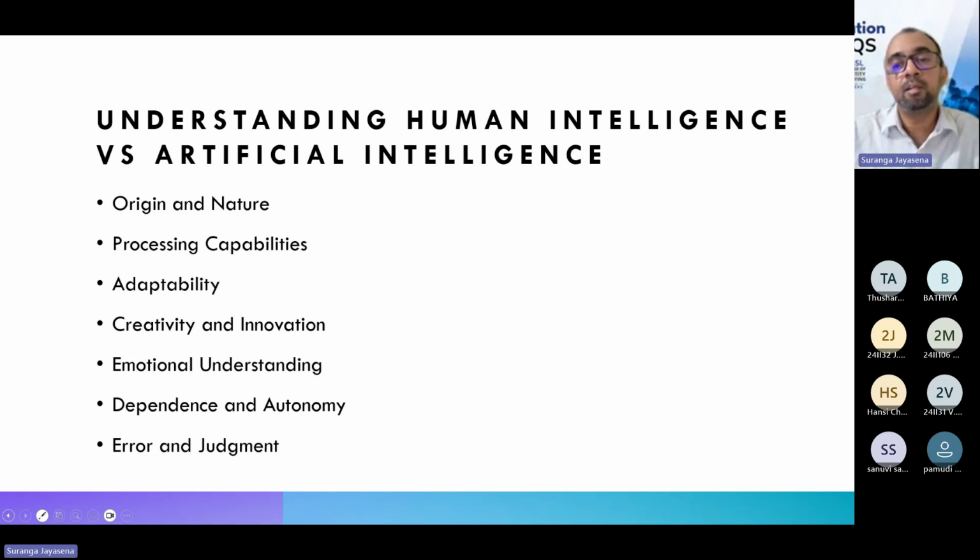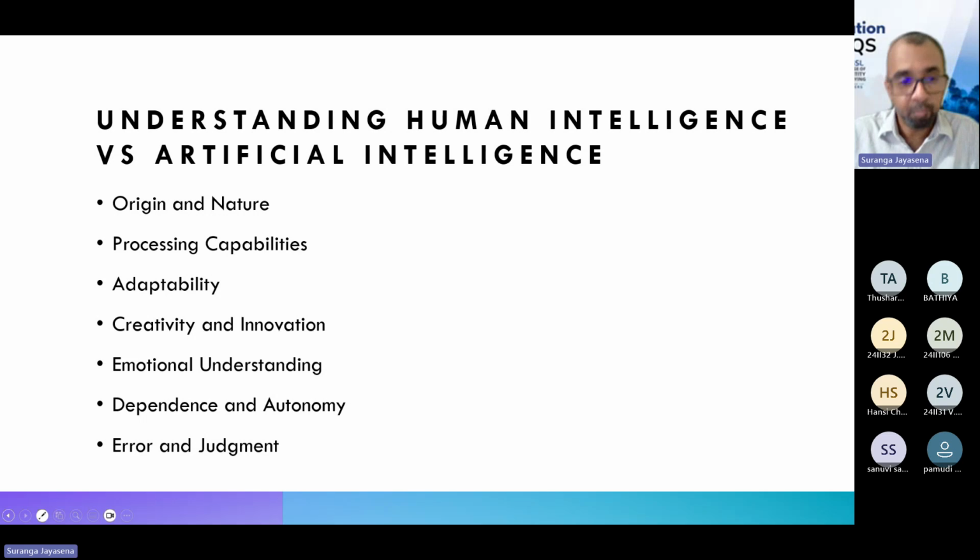Okay. Then in terms of various factors like emotional understanding, AI is actually not good at that. Of course, AI can recognize emotions using natural language processing, but not to the best level that humans can do.